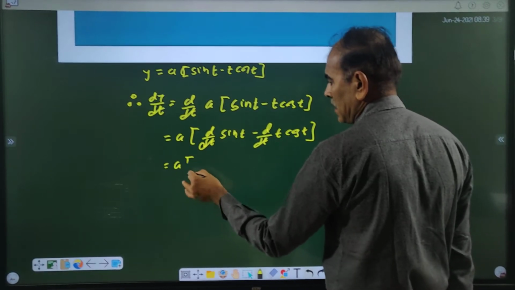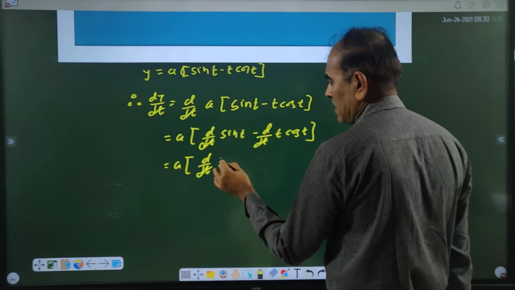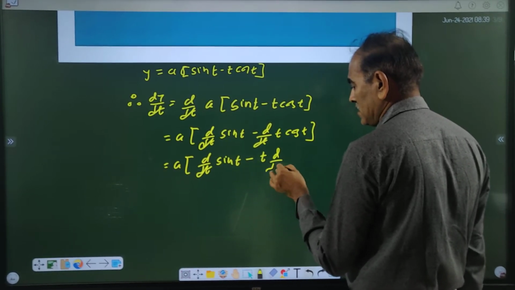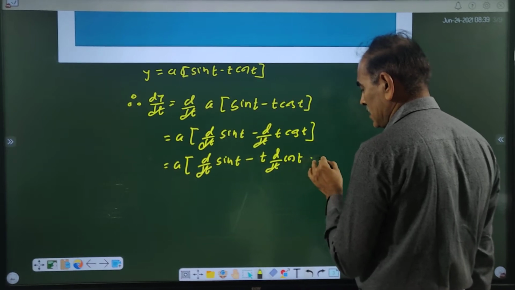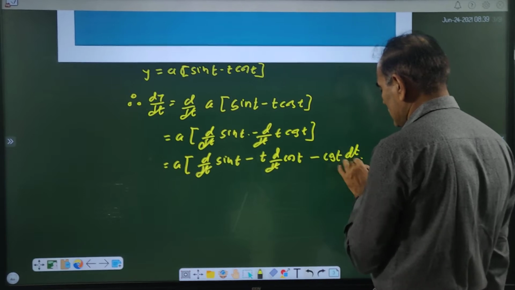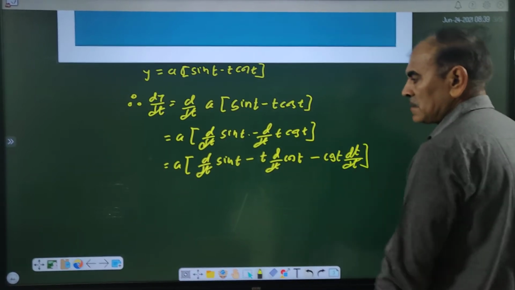That is equal to a of d by dt of sin t, then the product rule: t as it is, d by dt of cos t. Why minus here? Because the minus is outside. So d by dt of t. Agree with me?